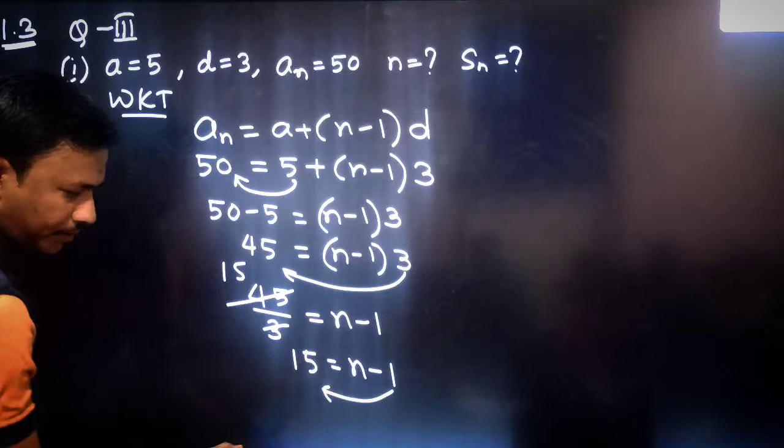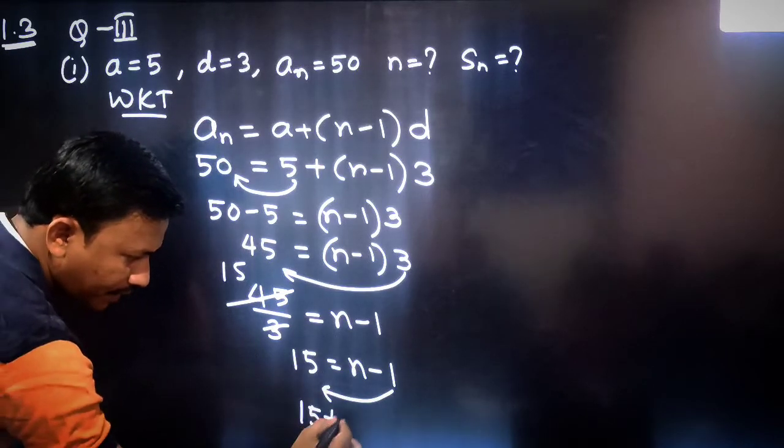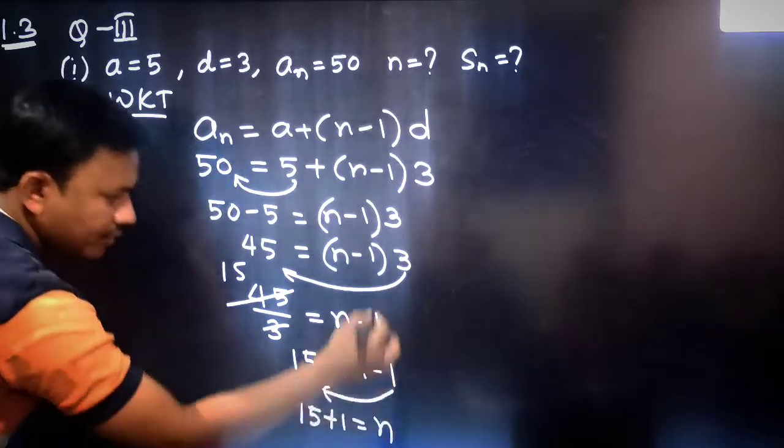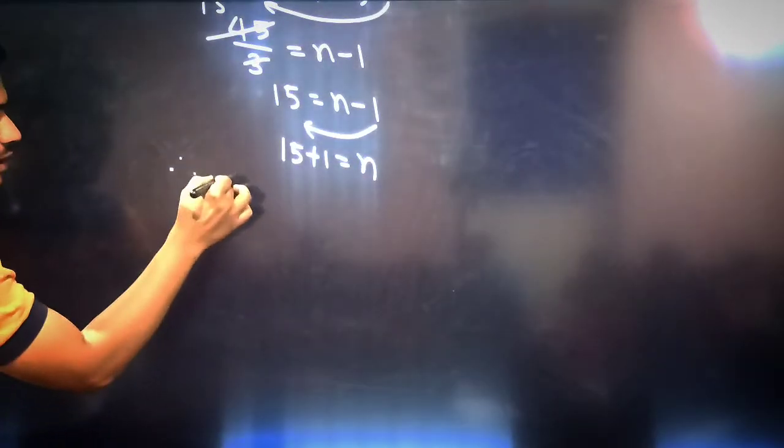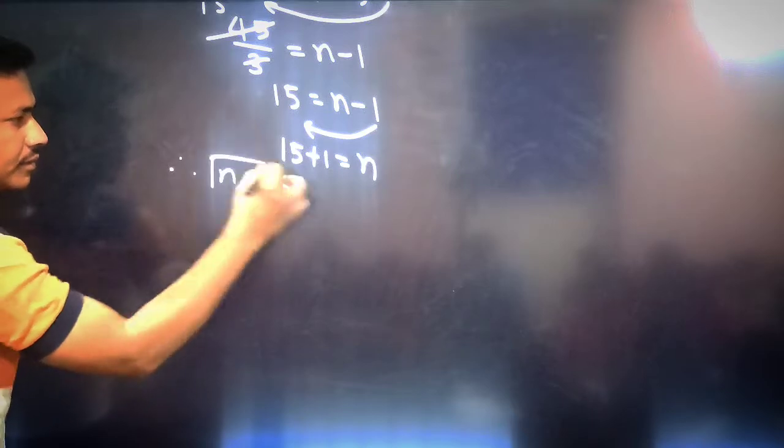Minus 1 becomes plus 1 on the other side: 15 plus 1 is equal to n. Therefore n is equal to 16.